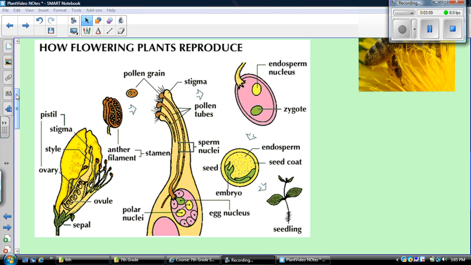So I like to do this a lot with my columbines. I have different colors of columbine in my garden. I have purple, yellow, and red. And over time, the columbines have crossbred between the different colors, and now I have a mixture.